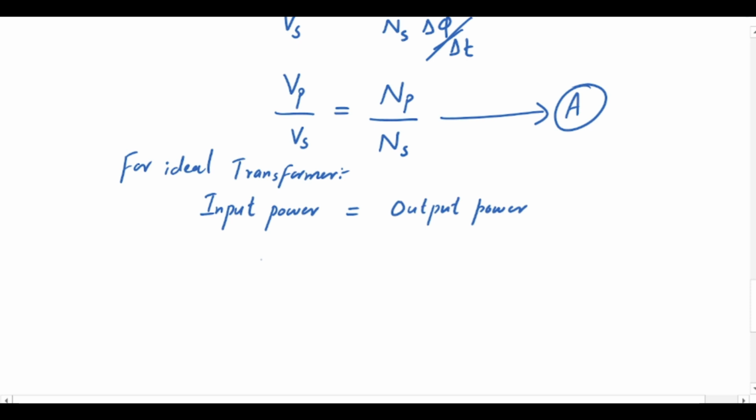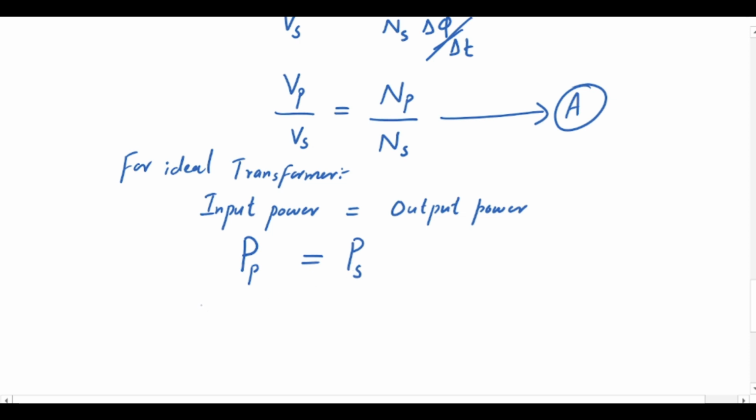It is only for the ideal one. So in ideal, input power and output power are equal. So for power we use P, and the input is given across primary, so I write power across primary, okay? And output power is PS, meaning output power is taken across the secondary coil.